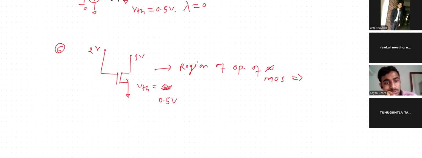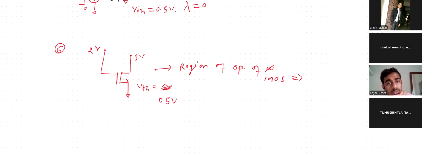We have to tell the region of operation of the MOSFET. What will that be? This is VGS minus VT is 1.5 volt.